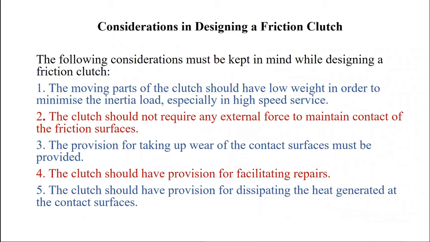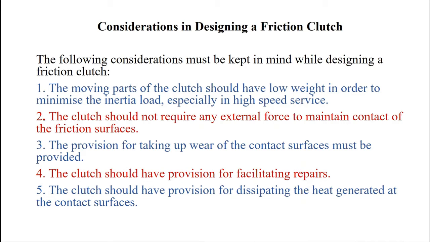Now, what are the considerations while designing a friction clutch? What are the factors we should consider? First thing is its weight. It should desirably be low weight so that the inertial load is less. We should not waste too much energy in rotating or moving the clutch.